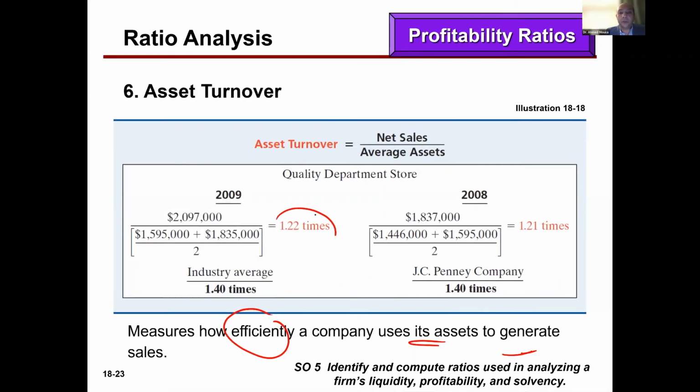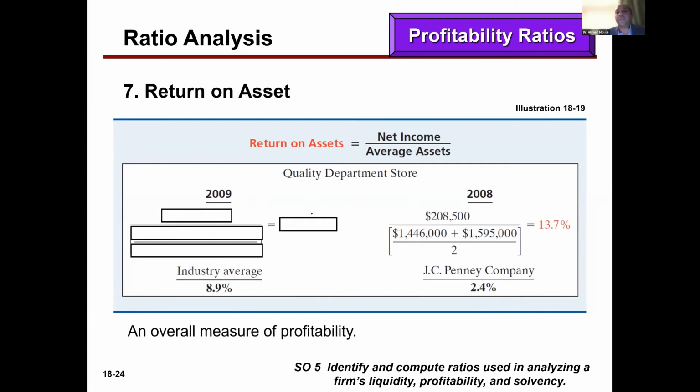So the bigger this one is, the more efficiently you use your assets to generate sales. A very famous one is return on assets. You invested money in your pharmacy and you have a lot of assets in your pharmacy.